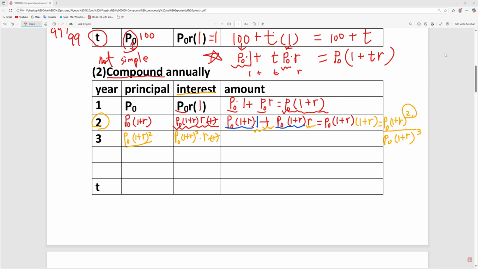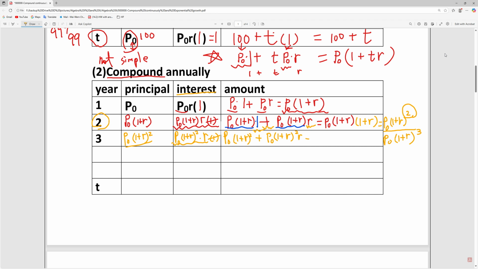Okay. So we may calculate our total amount in the third year. Total amount will be P0 (1 plus R) squared, plus your new interest, (1 plus R) squared times R.